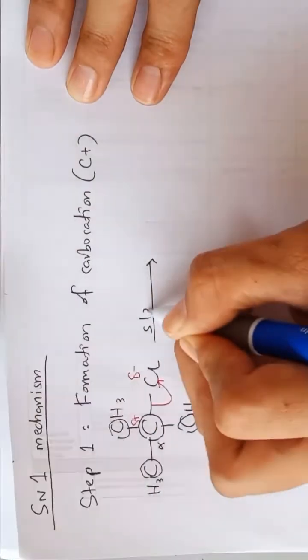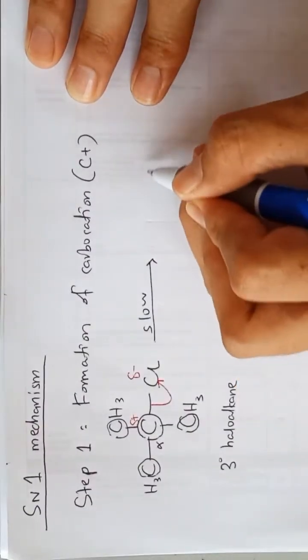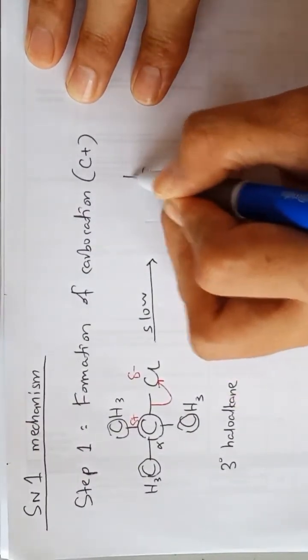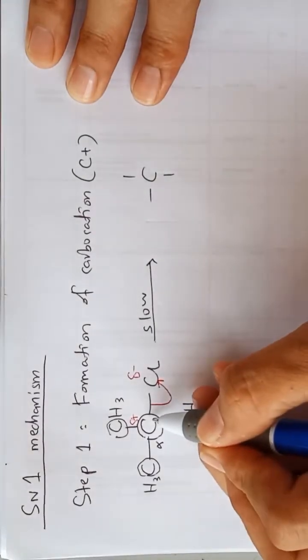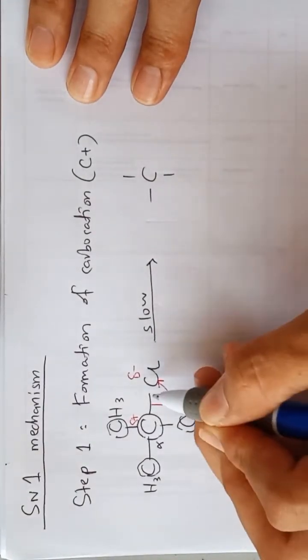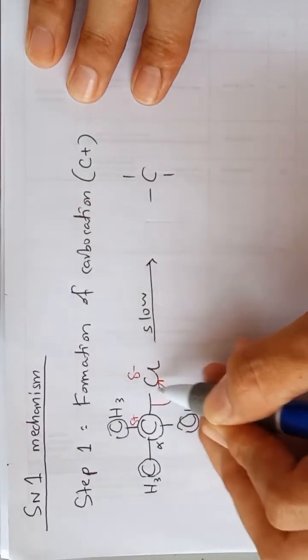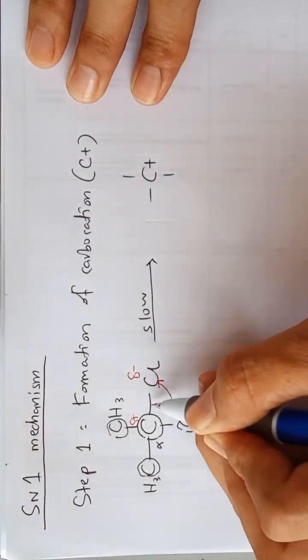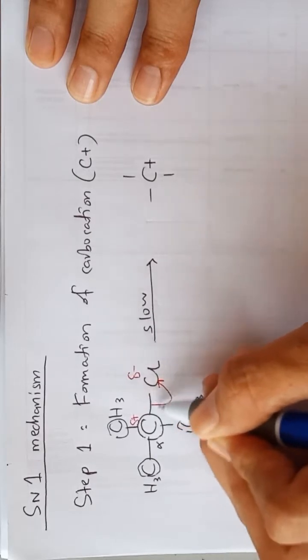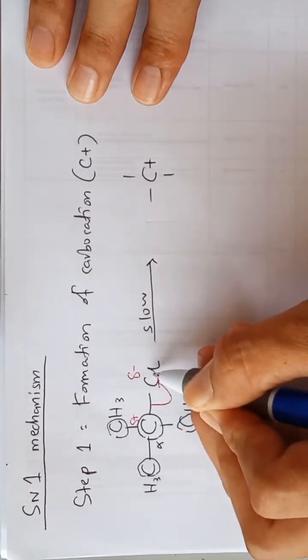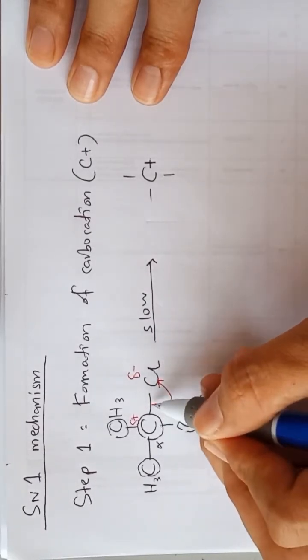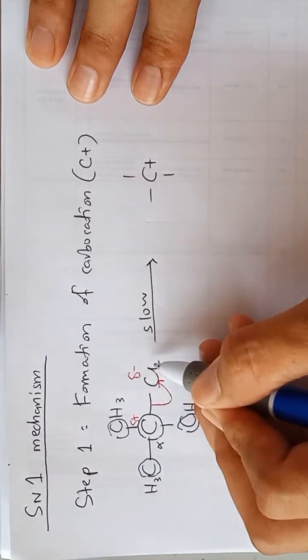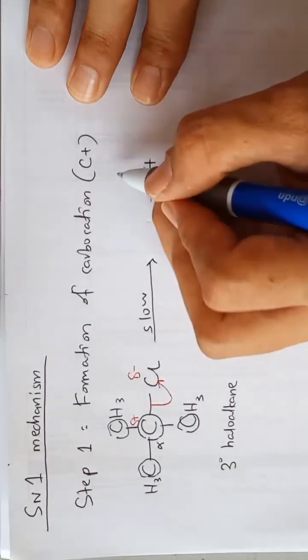This is the slow step. This carbon chlorine bond is broken. The carbon will be positive because the electron from the bond goes to the Cl. It's like the carbon donates its electron to Cl, so it becomes positive.